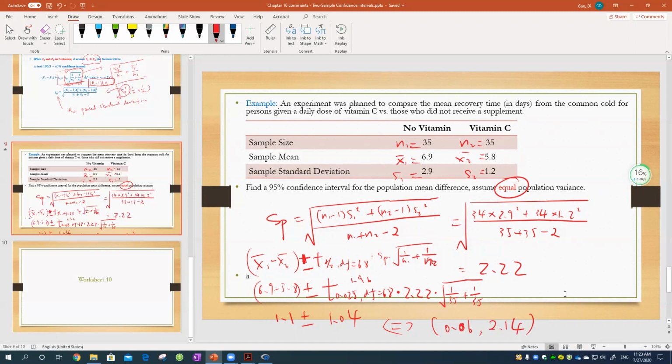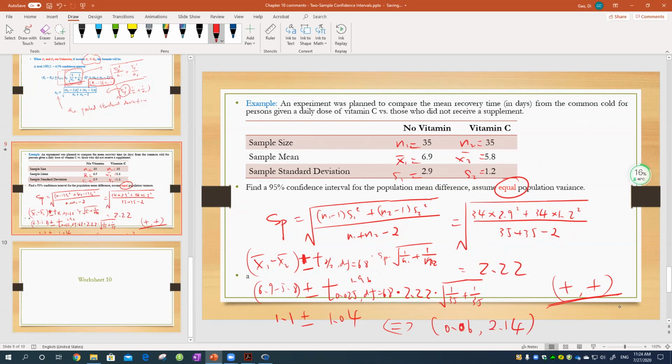And one more thing to mention here: if we have a positive to positive interval, so this is actually an interval from a positive number to a positive number, that means no matter what, your difference is going to be a positive value, so non-negative.